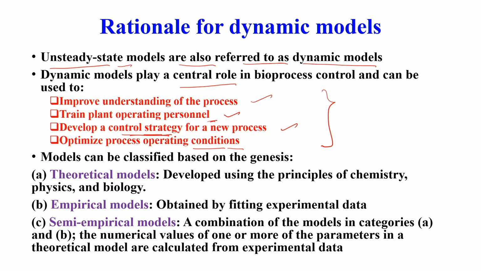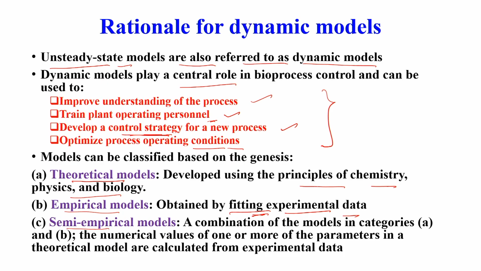Now, the next question is, what are the different types of models? One can be theoretical, the second can be empirical, and the third can be semi-empirical. Theoretical models are developed using principles of chemistry, physics and biology. Empirical models are obtained by fitting certain models to experimental data.